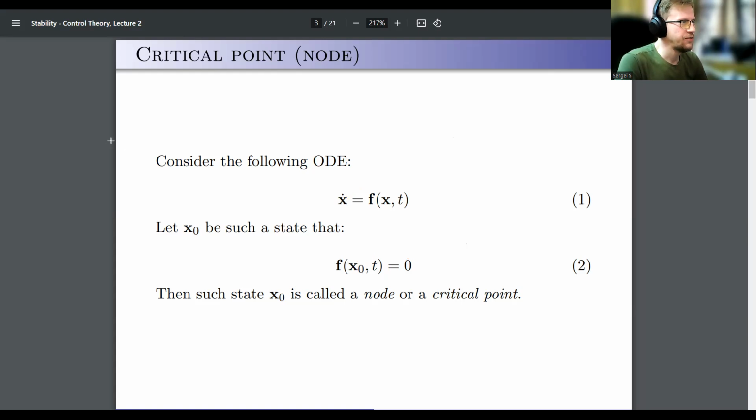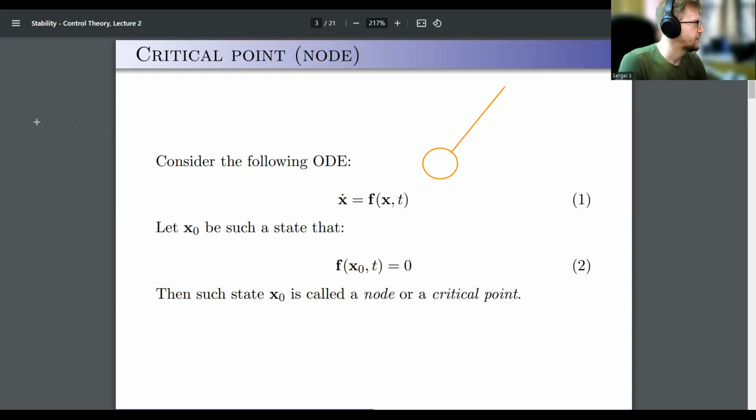Well, if you want a physical example, you can think about it this way. Imagine you have a pendulum. Here's my drawing of a pendulum. And it is described by some dynamical equation x dot equals f of x.